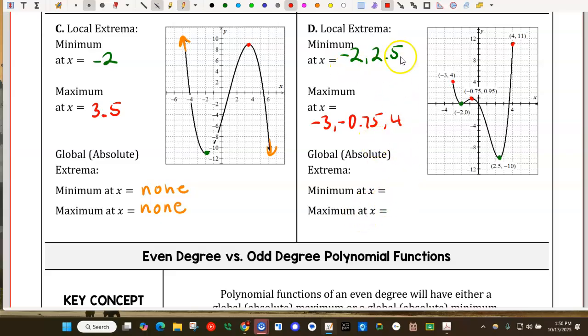So of all of these relative, which one's the smallest? That'd be at 2.5. And of all the local maxes, which one's the largest? That would be 4.